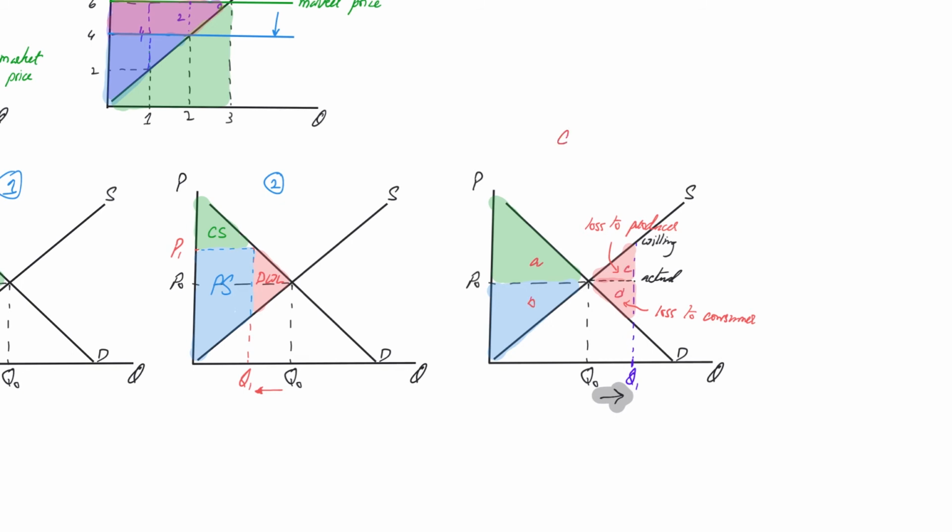So now your new consumer surplus is A minus D, because there's a loss that you have to net for. And the producer surplus is B minus C. So this region of B, D and C, basically this is the deadweight loss which is created on this society by forcing them for the consumption purposes.